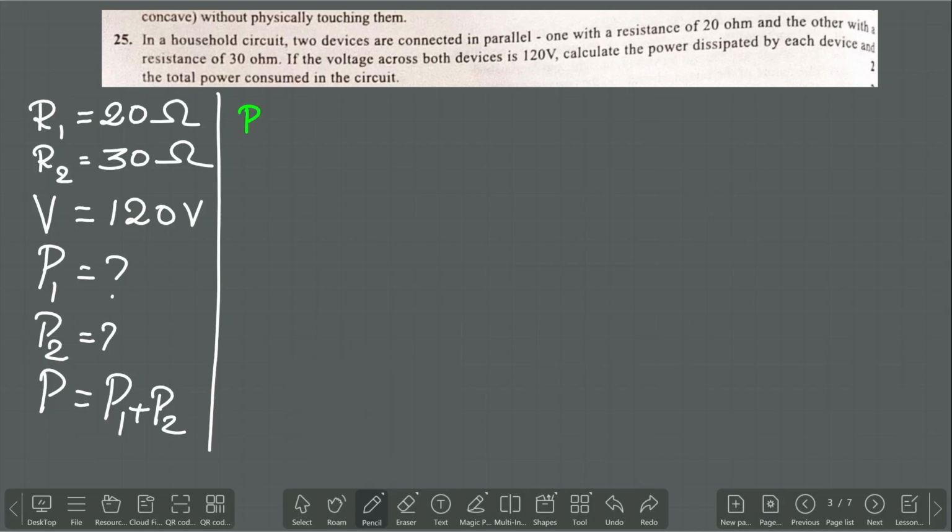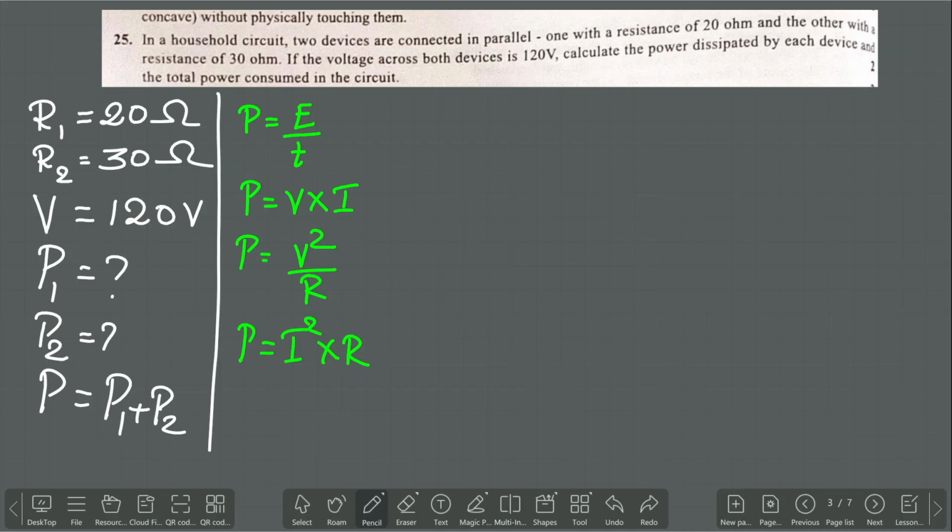P is equal to E by T. P is equal to V into I. P is equal to V square by R. P is equal to I square into R. Of these four formulas, which formula are we going to use in order to calculate the power?